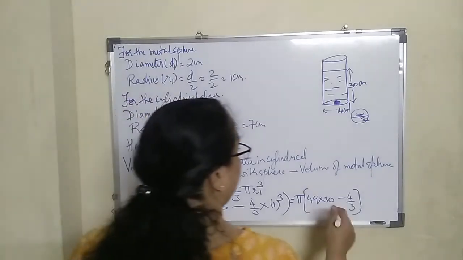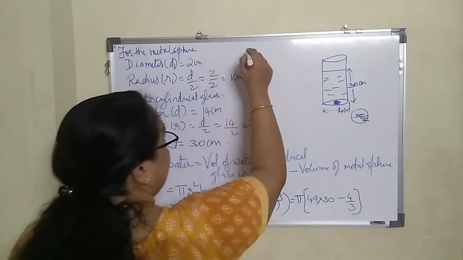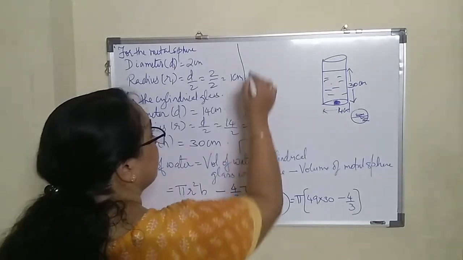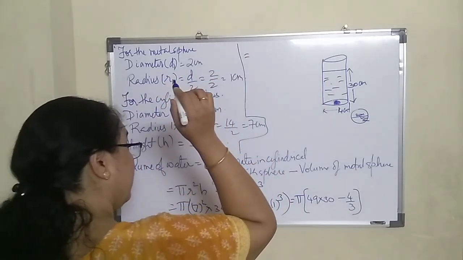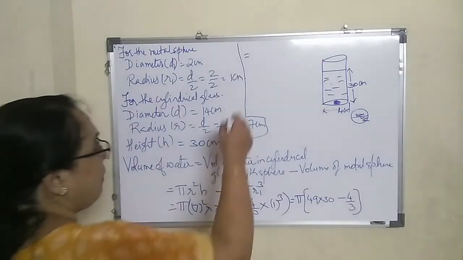Now let us solve further. Equalize the denominator. Shall I calculate it here? I hope it's okay for you guys. Let us keep pi. Is the value of pi given in the question? No. So we keep pi there.